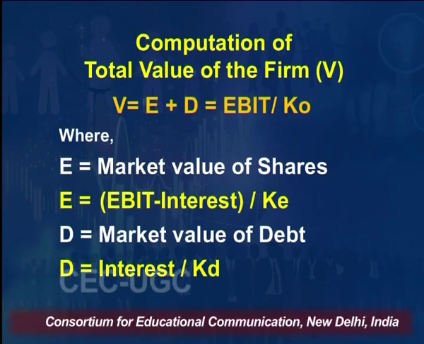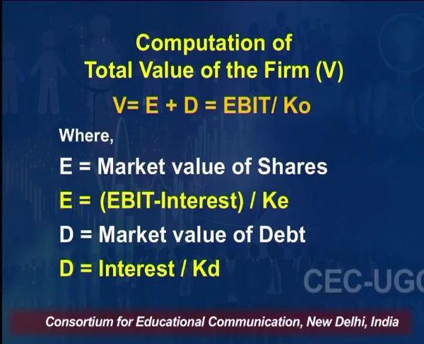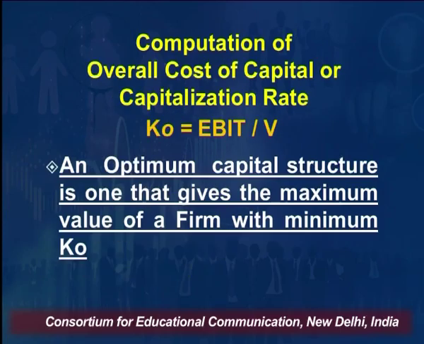We may also calculate the value of the firm by dividing EBIT by KO. And in case the question is asking for the overall cost of capital, it can be calculated by dividing EBIT by V, the value of the firm.